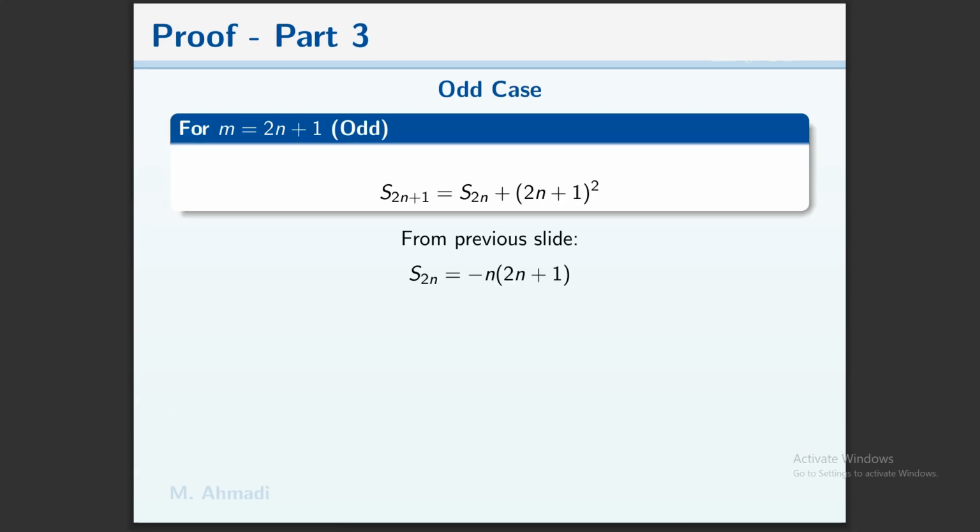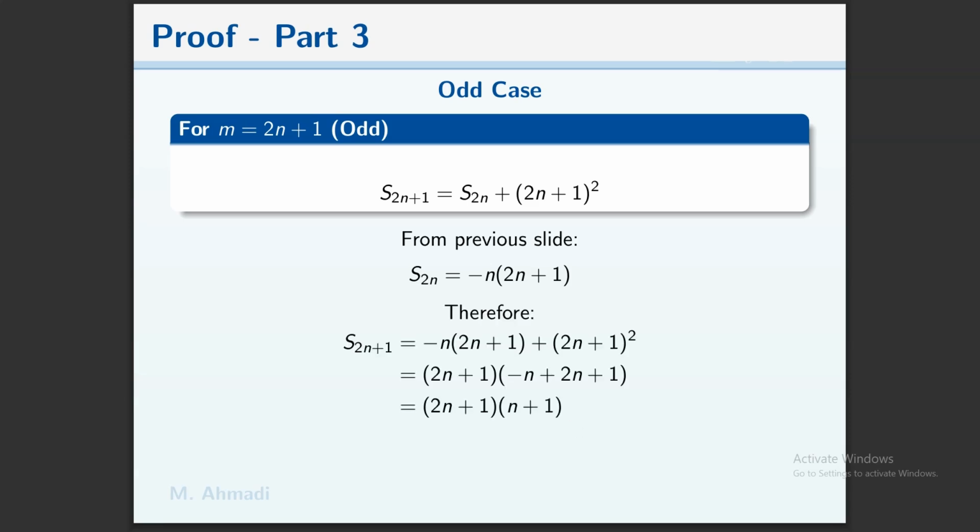And for the odd case, for m equals 2n plus 1, S_(2n plus 1) equals S_2n plus (2n plus 1) squared. From the previous slide, we have S_2n equals minus n multiplied by (2n plus 1).